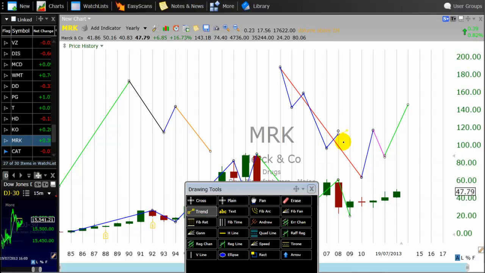All right, so here it is. I'm drawing, so we see five waves down. Now a correction is taking place after a five wave down, or after a five wave up, either after the first wave, or after the third wave, or after the motive wave itself.